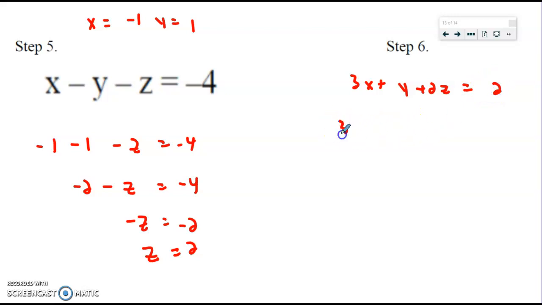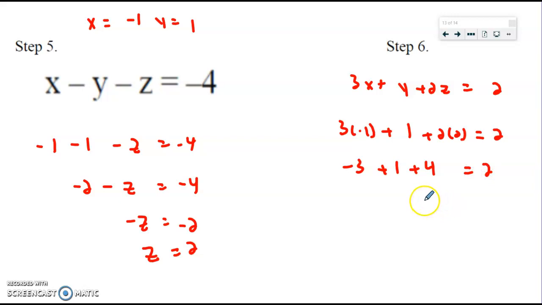So if I do 3 times negative 1 plus 1 plus 2 times 2, I should get 2. So I get negative 3 plus 1 plus 4, and that is 5 plus negative 3, which is 2, which equals 2. Okay?